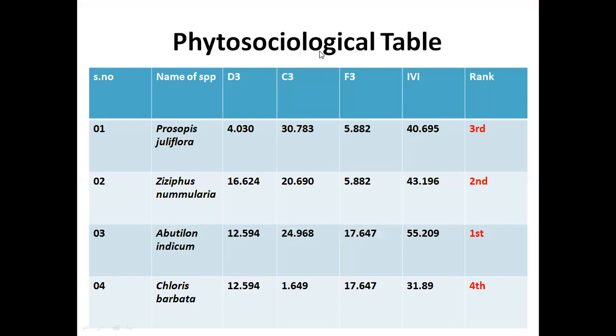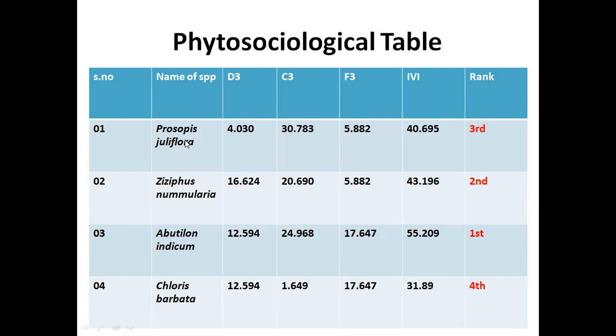Now in this phytosociological table, you put all the values you have calculated, like the name of the species, how many species are found there, the relative density, the relative cover, the relative frequency, and the important value index, and at last you will put the rank.